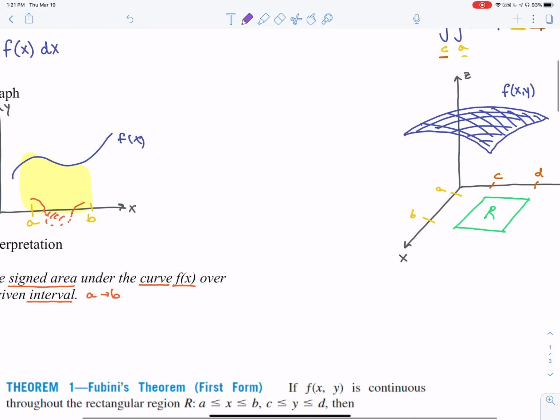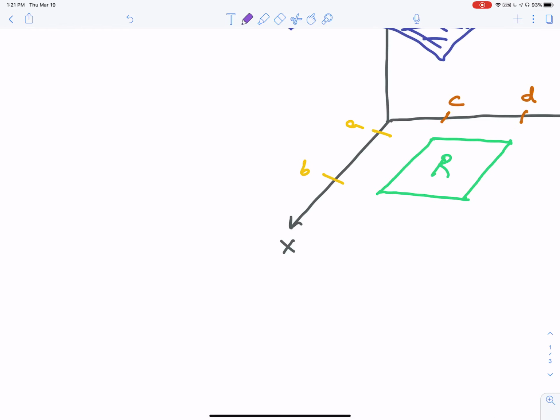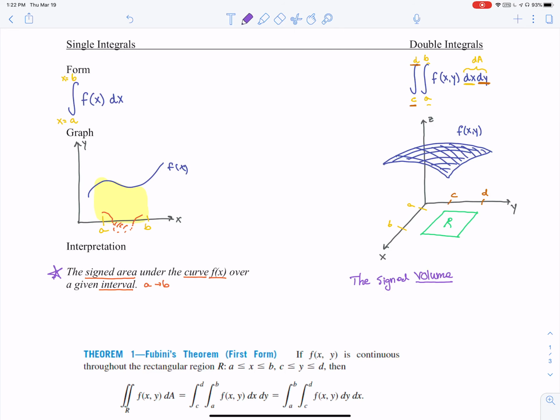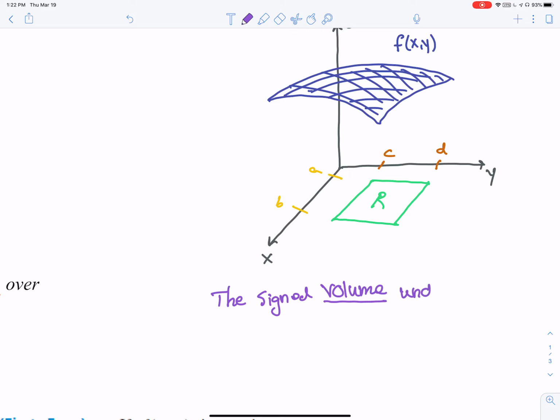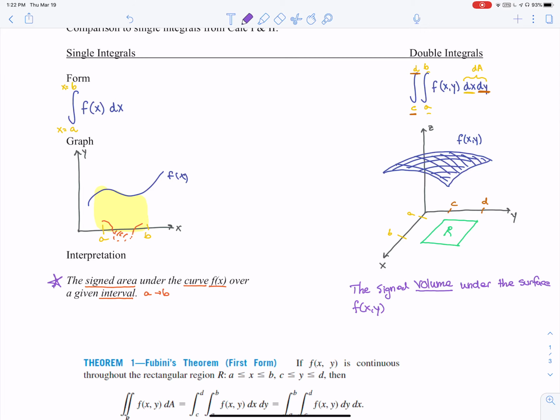So in this case, we don't have the signed area under the curve. What is one dimension higher than area? So area is like x and y. It's a 2-dimensional idea. Now we have the signed volume. Okay, so we got the signed volume under the curve f of x. So no longer does f of xy give you a curve, but we call this a surface. So this is the signed volume under the surface f of xy, 2 variables, over a given interval a to b.